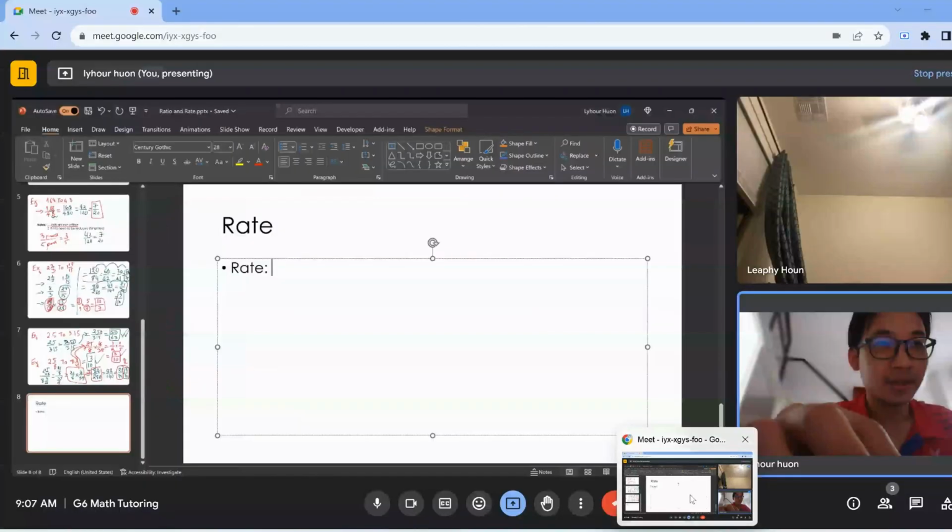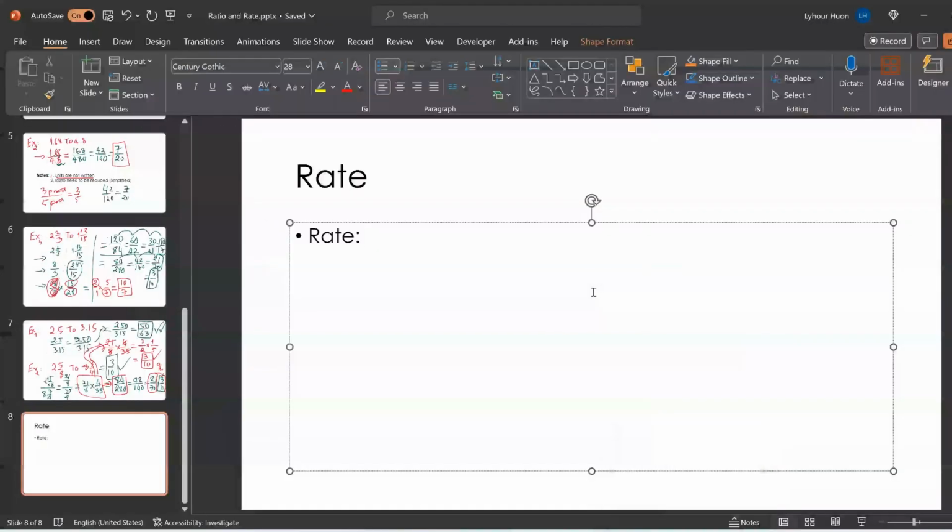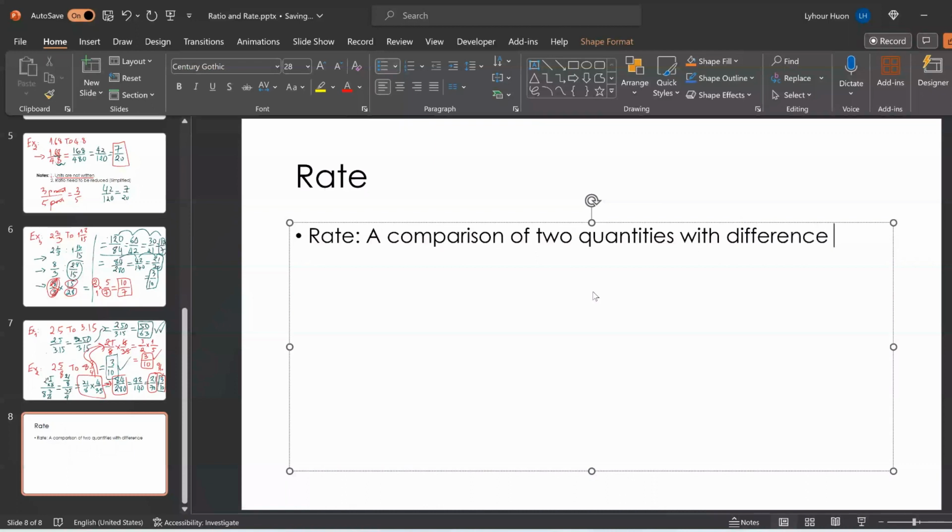The definition of ratio is a comparison of quantities with the same units. Now, the rate is very similar to the ratio, but it's a comparison of quantities with different units.